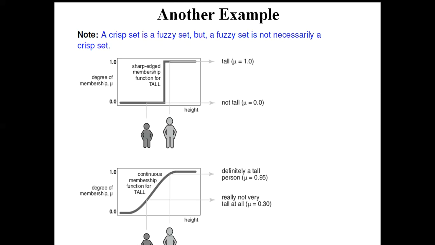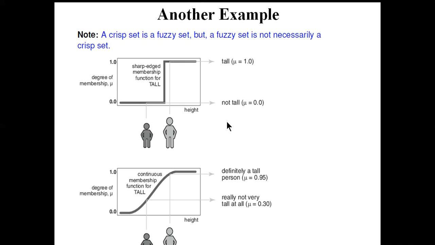Whereas if this person has a height of 4 feet, you can say he is really not very tall at all, but with membership function 0.3. So here the output is tall or not tall, but in fuzzy logic all persons are tall with some membership function, 0.95, 0.30, and all the membership values lie within the range 1 and 0.